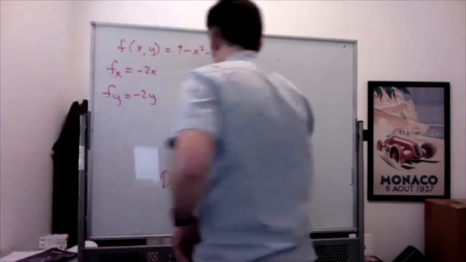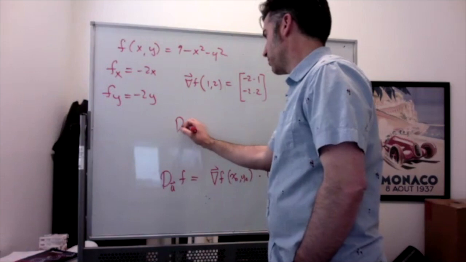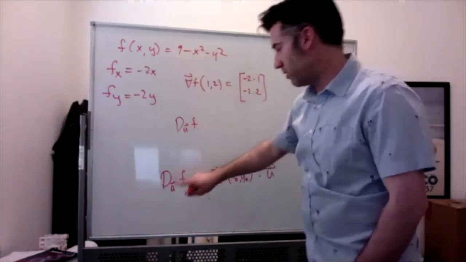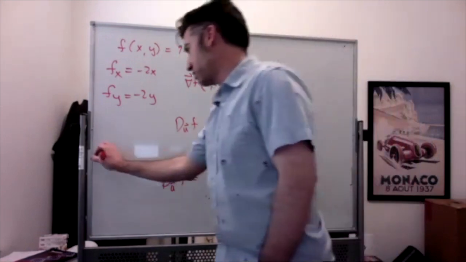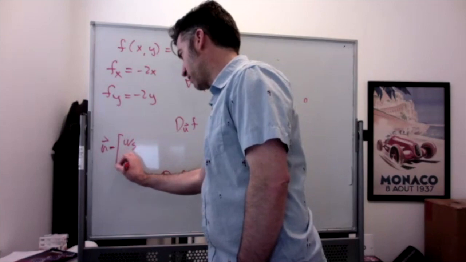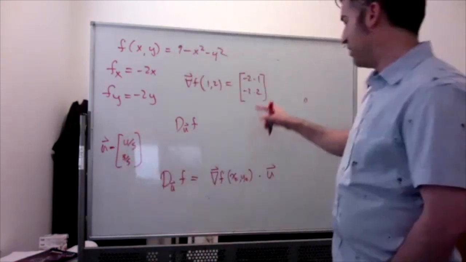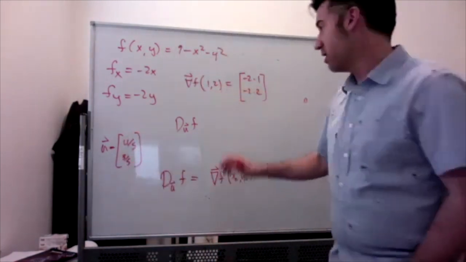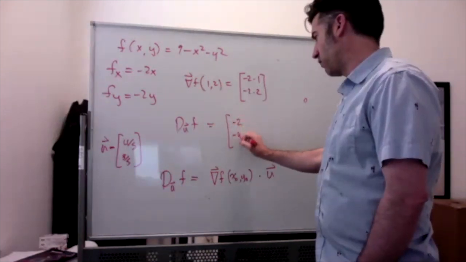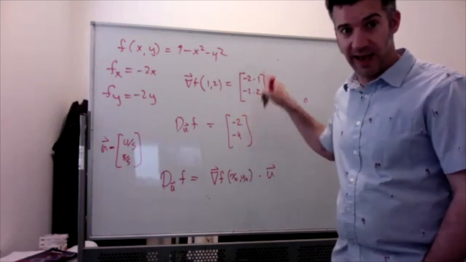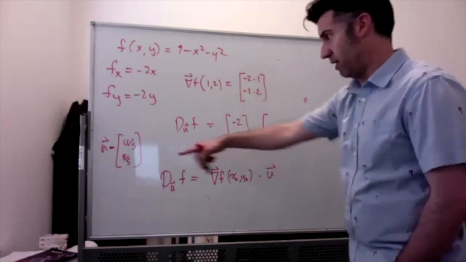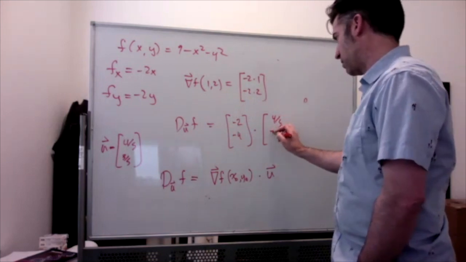And so then the directional derivative of this function in this direction, the direction being (4/5, 3/5), at this point (1, 2), is this (-2, -4) vector. That's your gradient at that point, dotted with this unit vector (4/5, 3/5).